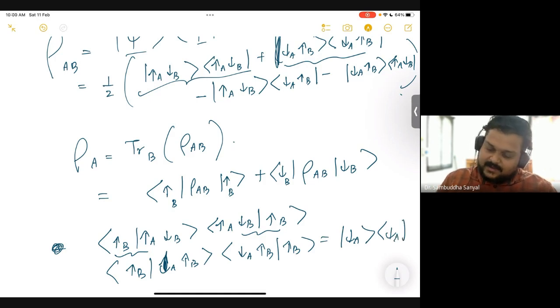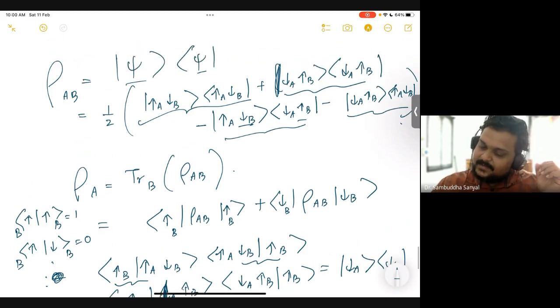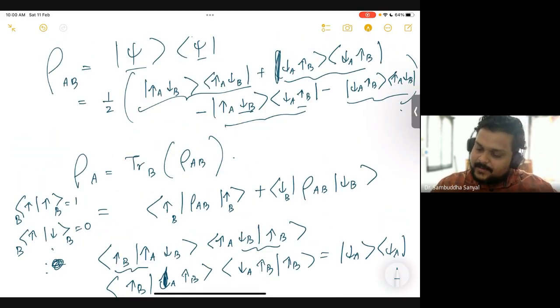I'm simply using the relation that up B, up B is 1, and up, down, they are orthogonal states, is 0, and so on. So this will give me this. This term will similarly also give me 0, since up and down are different, and this will give me down, down. Okay, so I think I have written something wrong. Up, up, down, down, up, down, down, up. Yeah, so just carry through this exercise. I think I have written something wrong here. One up or down I have mixed up.